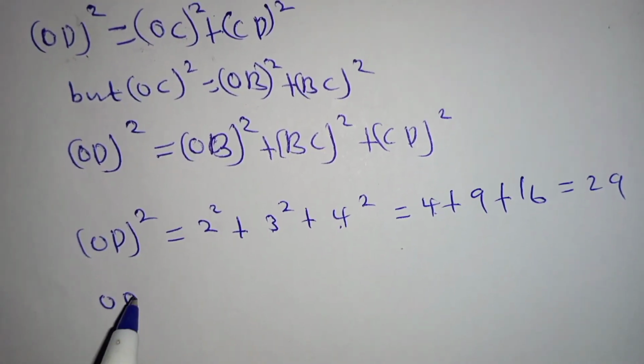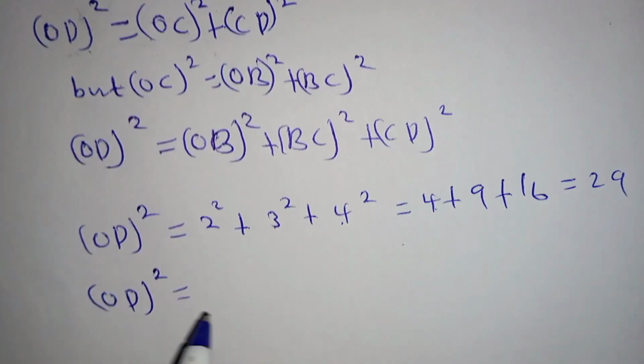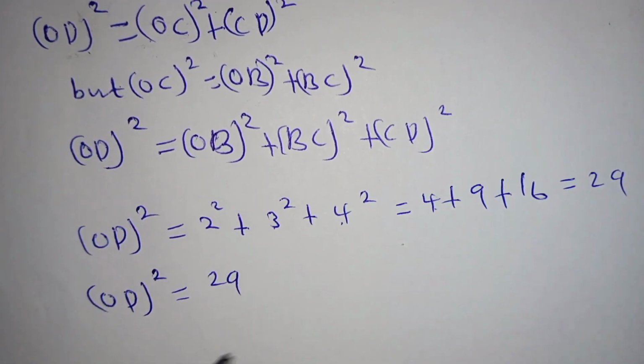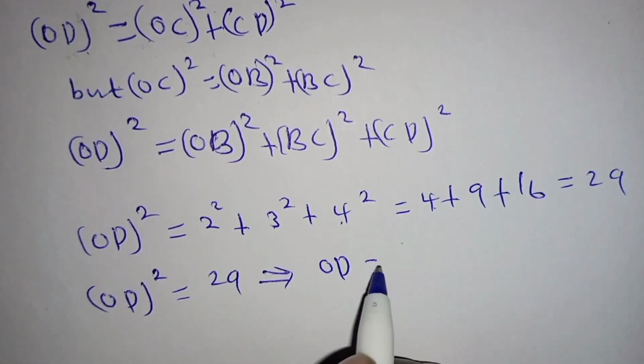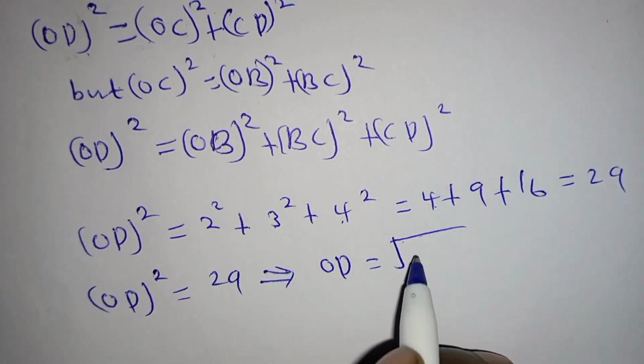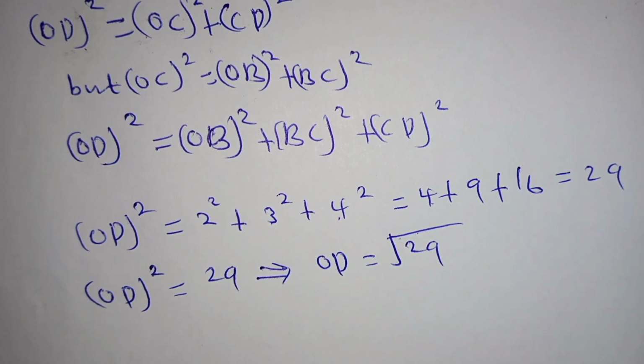So OD squared is equal to 29, which implies that OD is equal to the square root of 29.